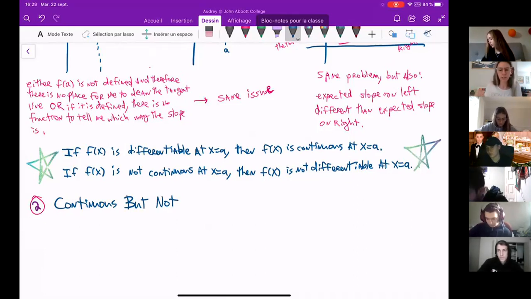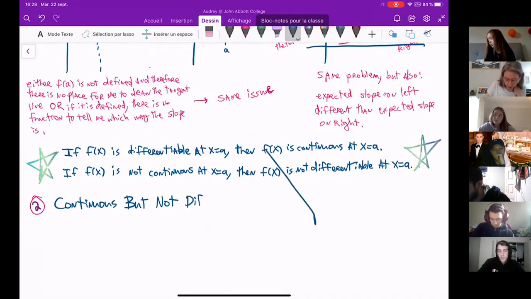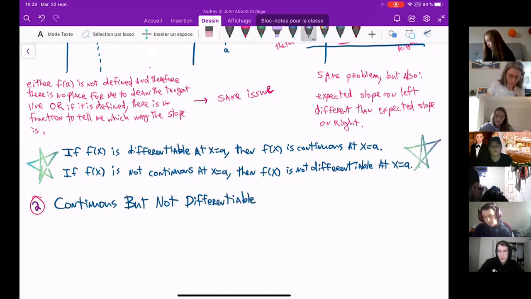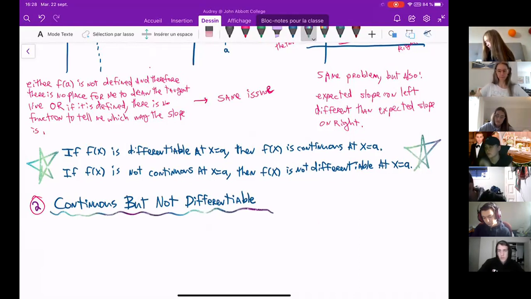Understanding that these two phrases are not telling me that continuous means differentiable. So it could be continuous but not differentiable. And there are two types of places that this could happen.